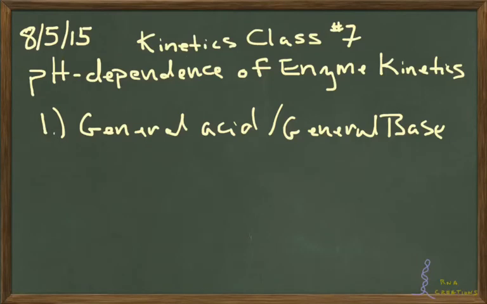So in terms of the amino acids, you might think a good general acid might be aspartate. It has a pKa like 3, carboxylic acid 3 or 4. It's pretty acidic. It's willing to give up its proton. But at neutral pH, there's very little of it in its functional form. It's already deprotonated, so it can't donate a proton.